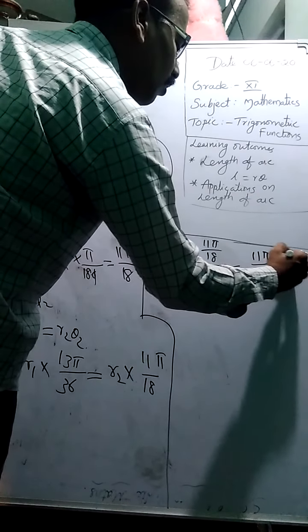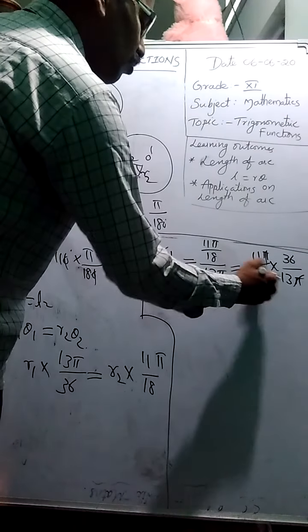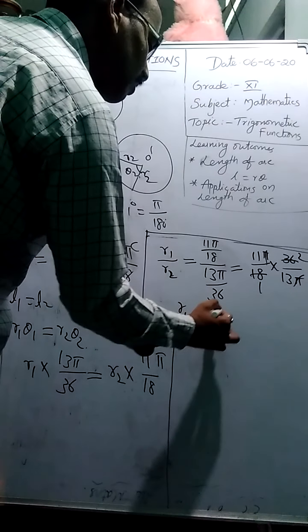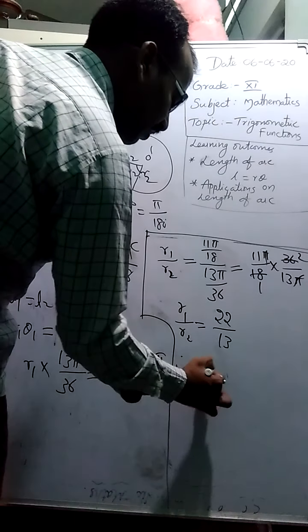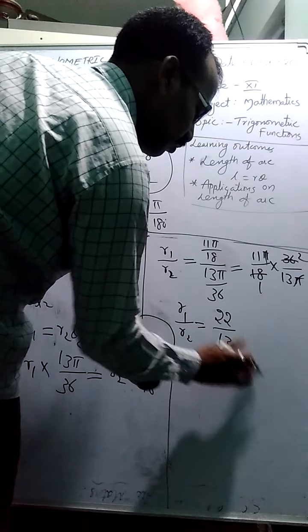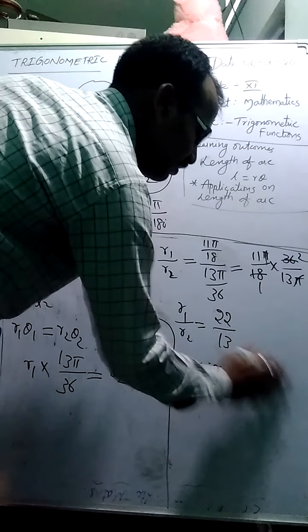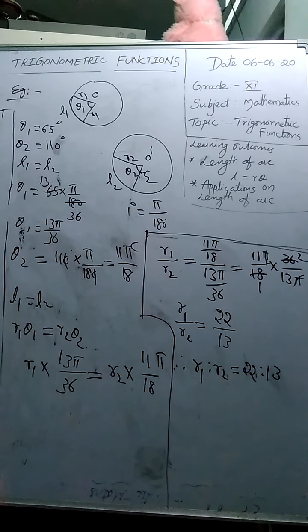So R1 by R2 is equal to 22 by 13. Therefore, R1 is to R2 is equal to 22 is to 13. This is the way to solve this type of problem when the lengths of arcs are given equal.